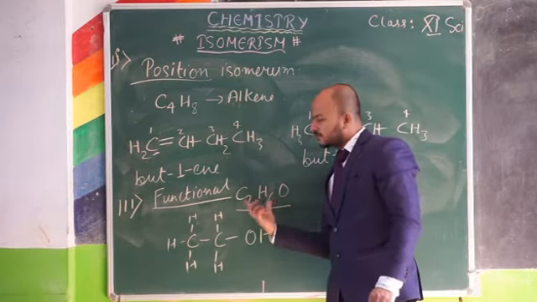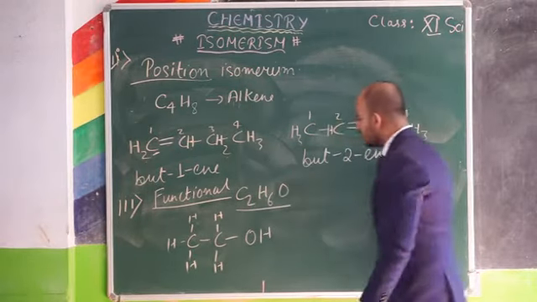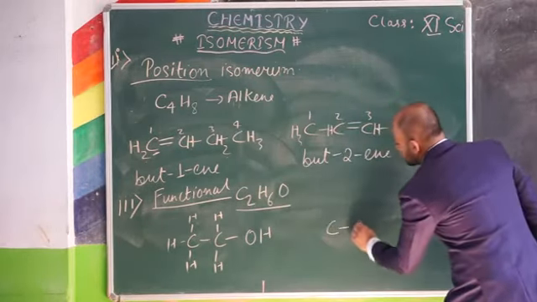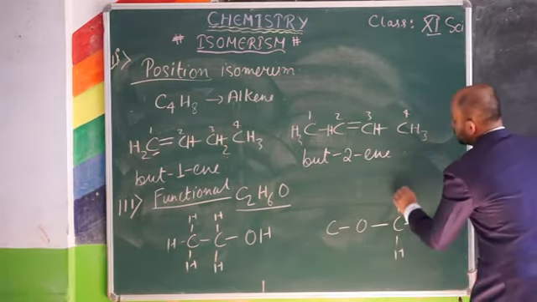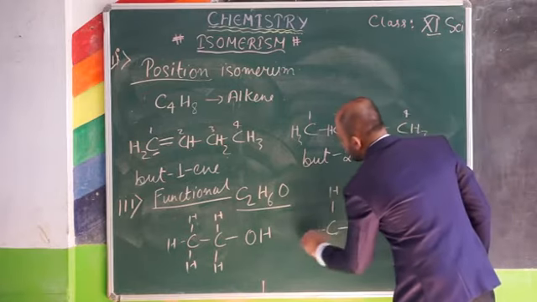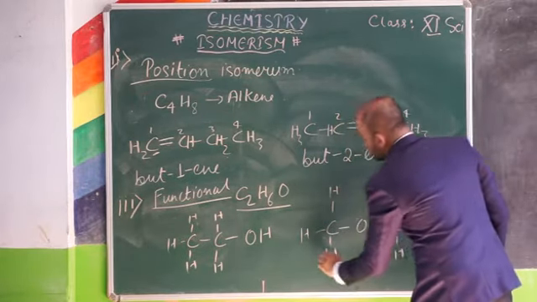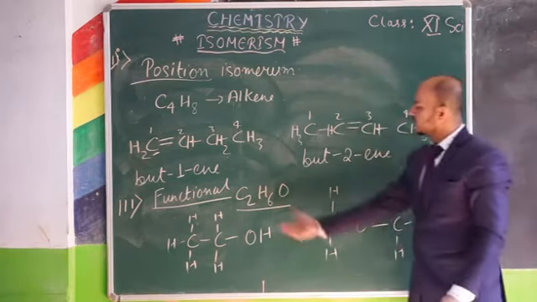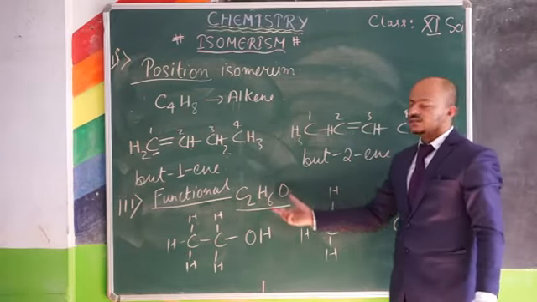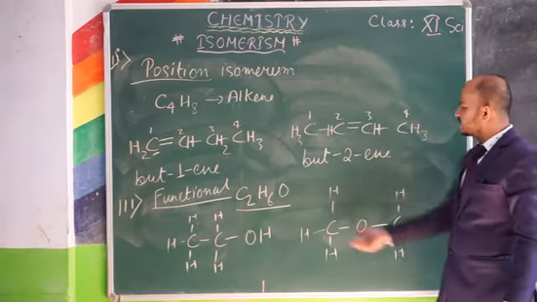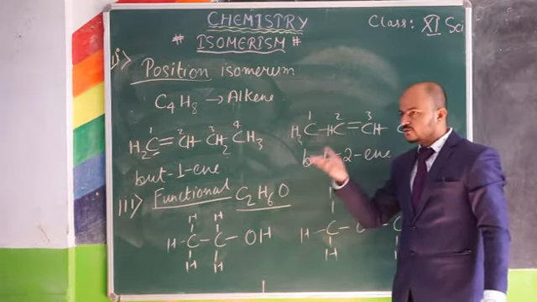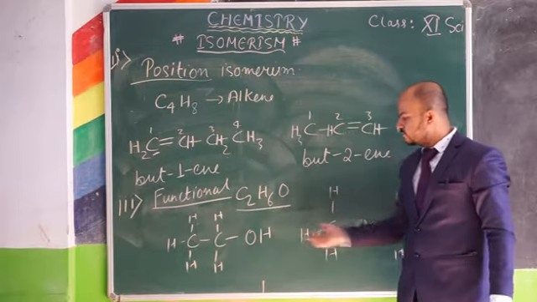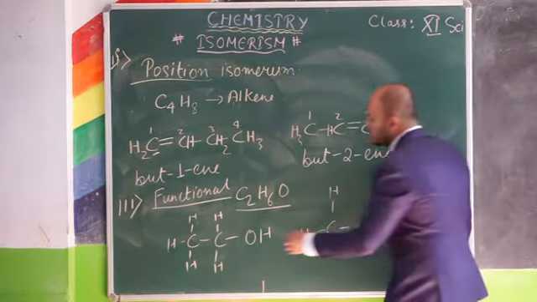So with this molecular formula, we can have this structure, or we can also have the structure where oxygen joins two alkyl groups. You can count the number of carbons, oxygen, and hydrogen, and it exactly matches the molecular formula.